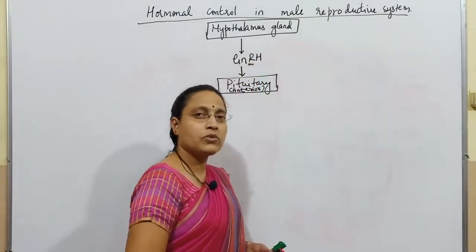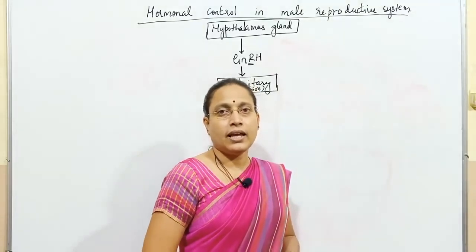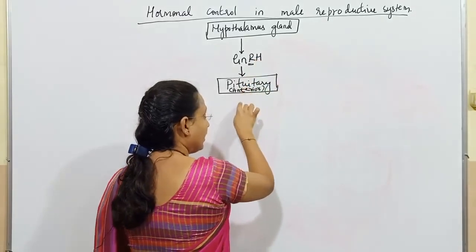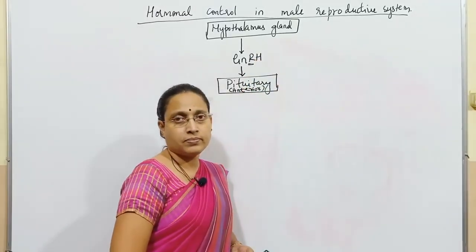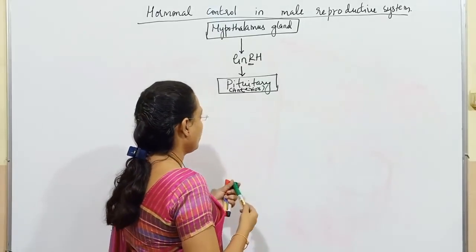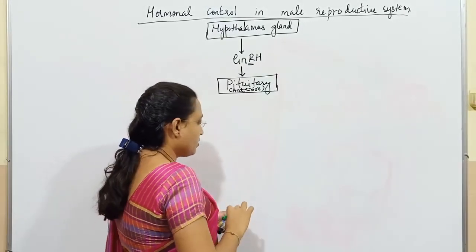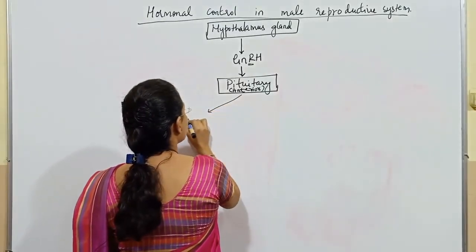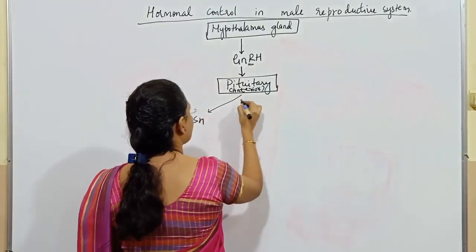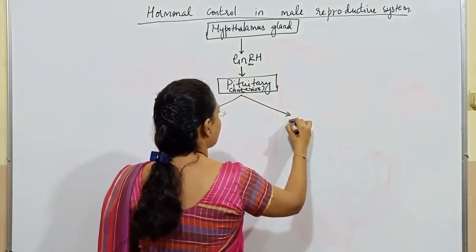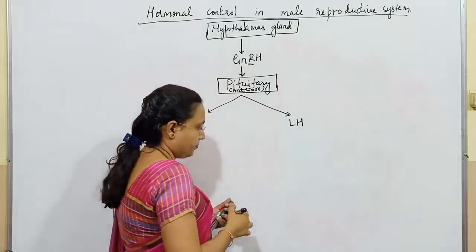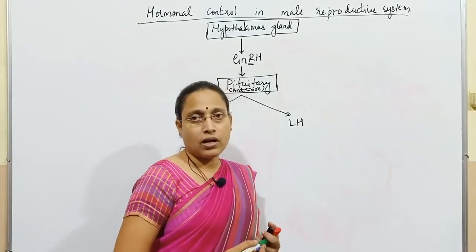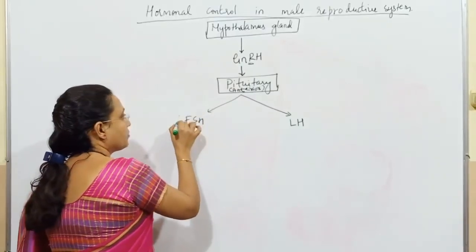Now gonadotropins become hormones of whom? The pituitary gland. So in response to gonadotropin releasing hormone, the pituitary secretes gonadotropins, and those gonadotropins are FSH and LH. Now these two together are called gonadotropins.